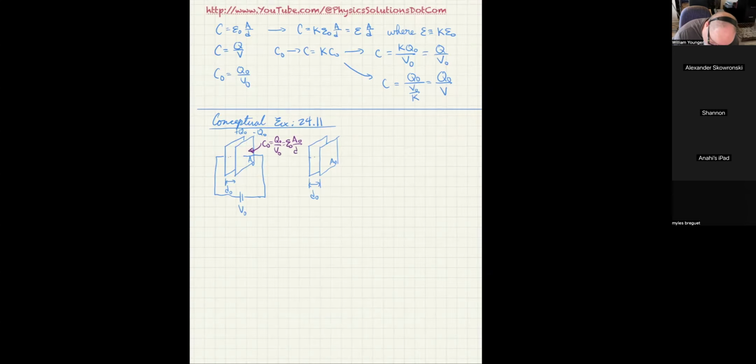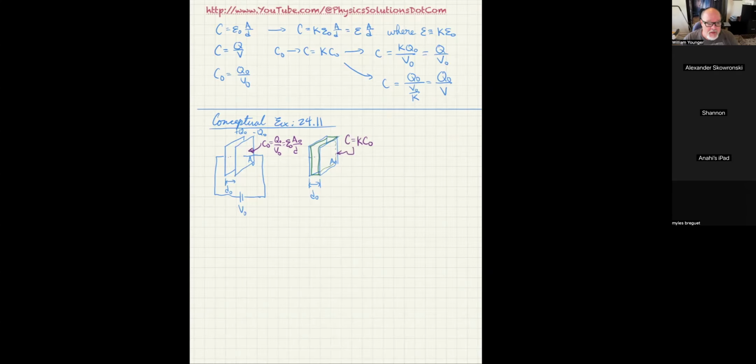Now, in this case, on the right, what I'm going to do is insert a dielectric in there. And this dielectric is going to cause the capacitance to go to C, which equals K times C0. So that's the capacitance of this capacitor.